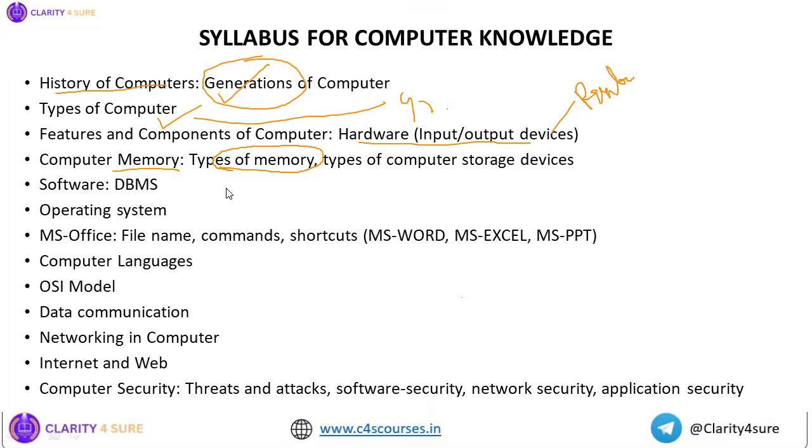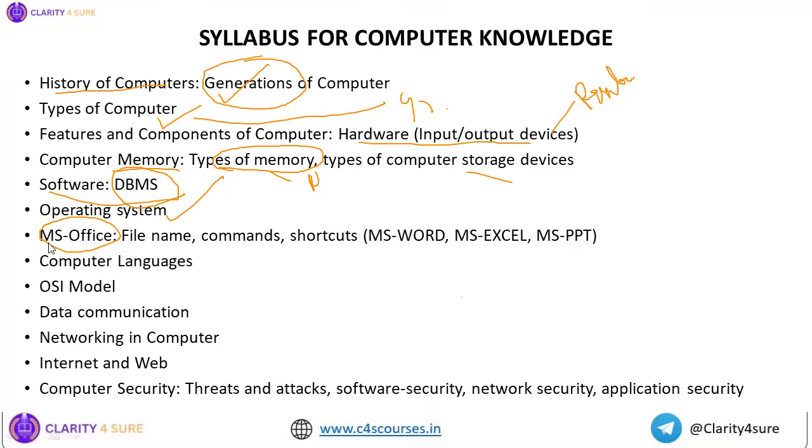So we'll see, while we see with the PYQs, then you will see more. The types of storage devices, the types of memory, their memory units are also important. Then you will see about software and database management system. Then operating system is another topic, MS Office.